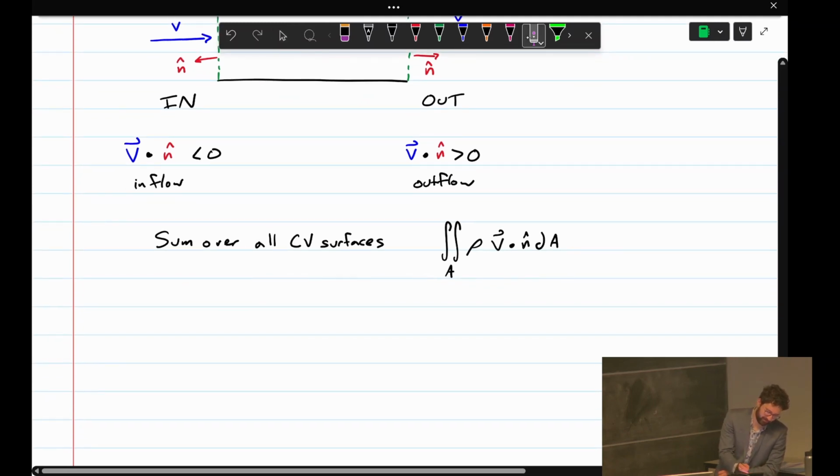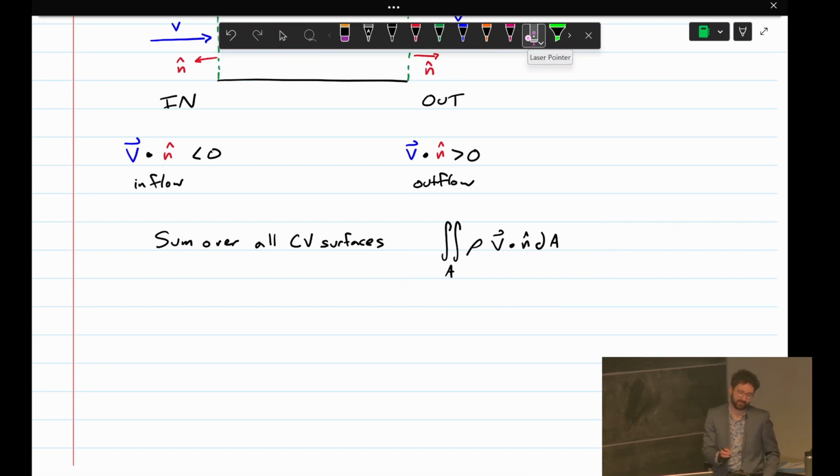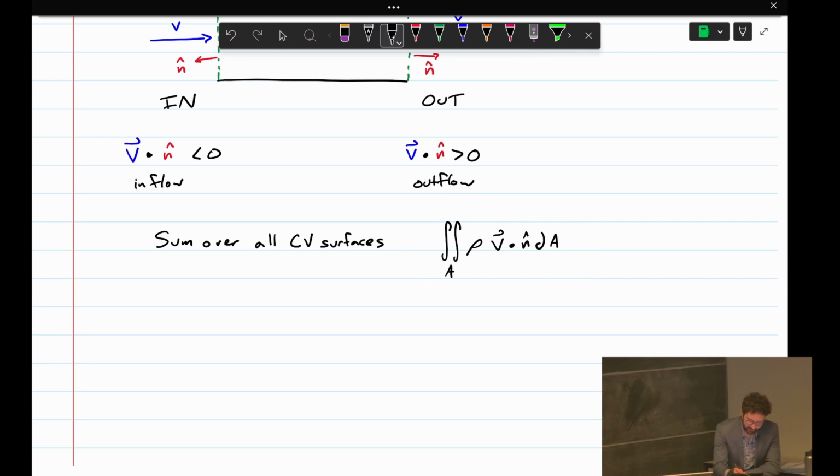So the way I've defined this, if I do this summation, when this is positive, it's an outflow. So this integral actually gives me the net flow out of the CV.